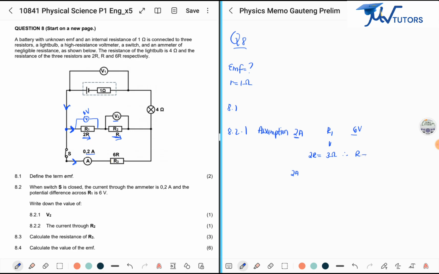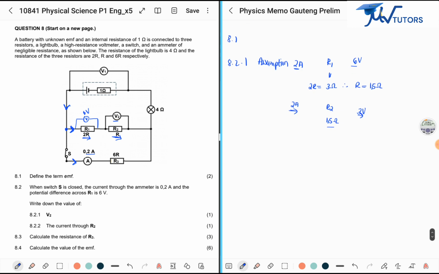Therefore, R would be equal to 1.5 ohm. And R2 is actually equal to R. So going through R2 with 2 amperes, what would be the voltage? 1.5 times 2 would be 3 volts.